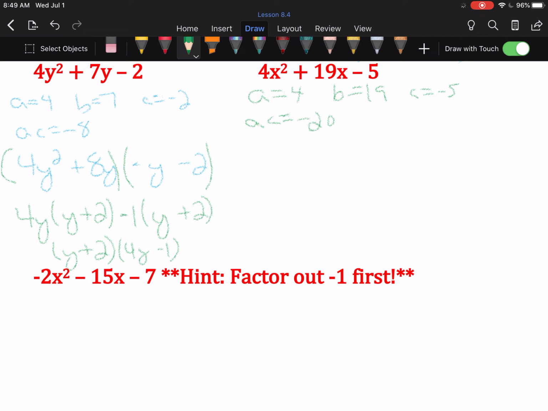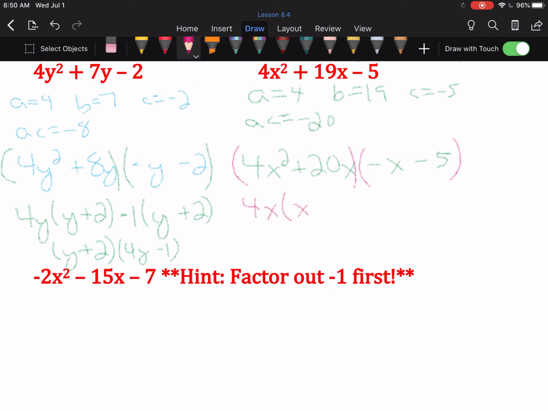So two numbers that multiply to make negative 20 and combine to make positive 19 when adding them would be positive 20 and negative 1. So we're going to do 4x squared plus 20x minus x minus 5. Grouping. So put the first two together, put the last two together. The common term in 4x squared and 20x is 4x.